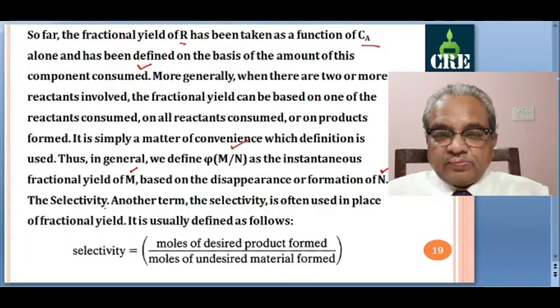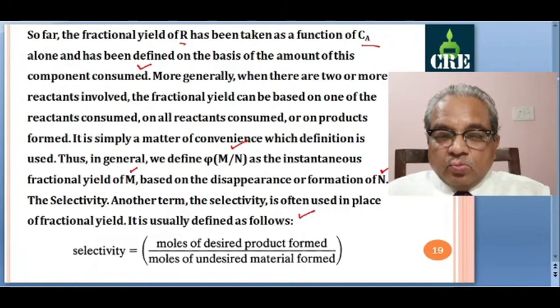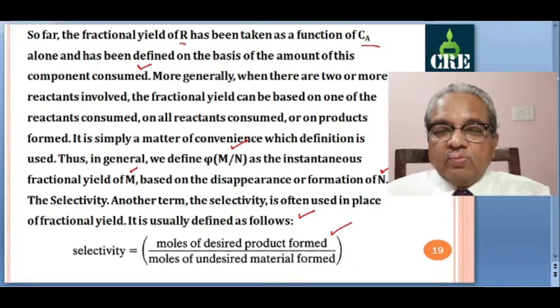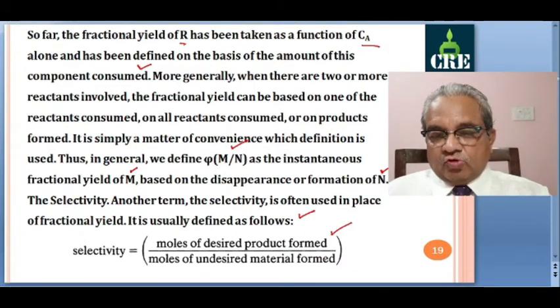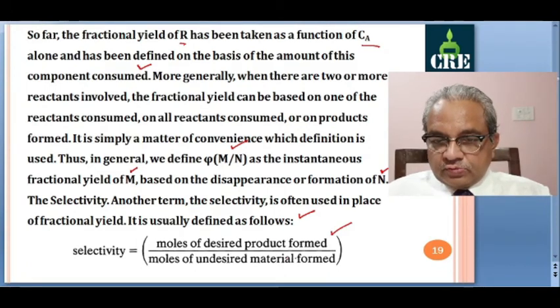The selectivity. We have another term which is often used in place of fractional yield. It is defined as moles of desired product formed divided by moles of undesired material formed. So in the numerator you have moles of desired product and here moles of undesired product.